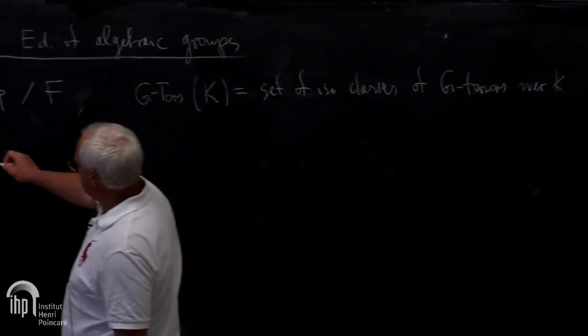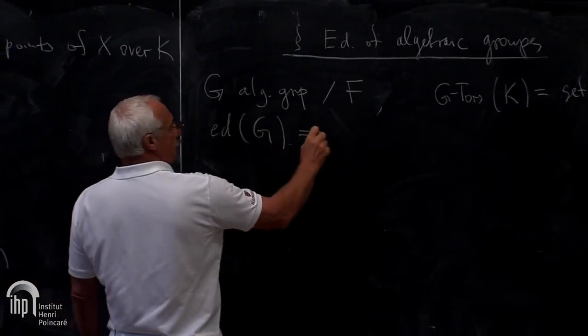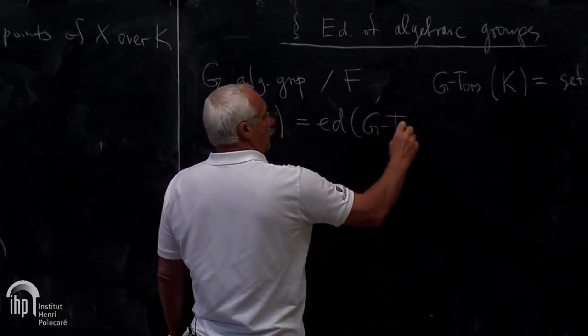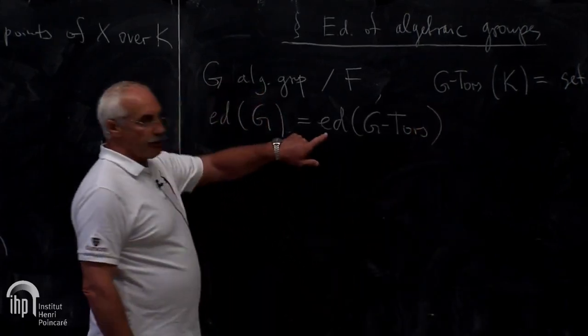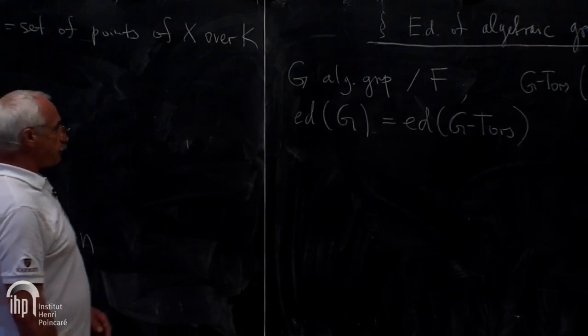By definition, the essential dimension of G is the essential dimension of that functor. So this number measures the complexity of G-torsors.